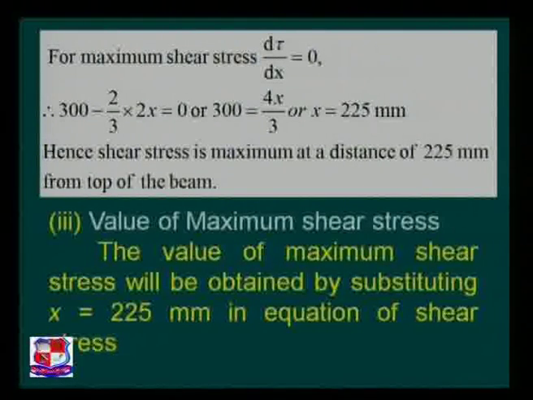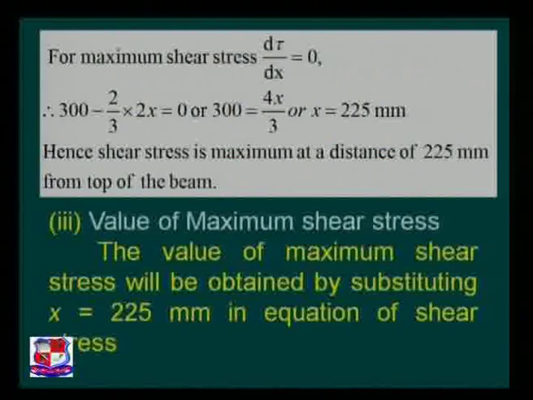Now, our intention is to find out the maximum shear stress. We found out the value of x. We found out the level at which the shear stress is maximum. So, the value of maximum shear stress will be obtained by substituting x is equal to 225 mm in this equation.